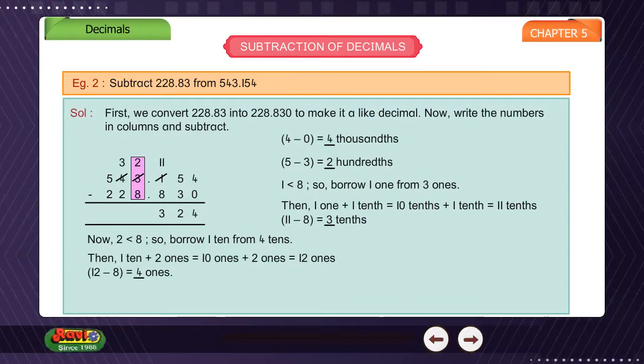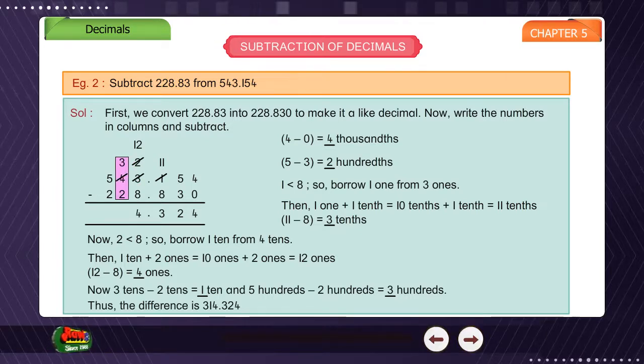Then 1 ten plus 2 ones is equal to 10 ones plus 2 ones is equal to 12 ones. 12 minus 8 is equal to 4 ones. Now 3 tens minus 2 tens is equal to 1 ten and 5 hundredths minus 2 hundredths is equal to 3 hundredths. Thus, the difference is 314.324.